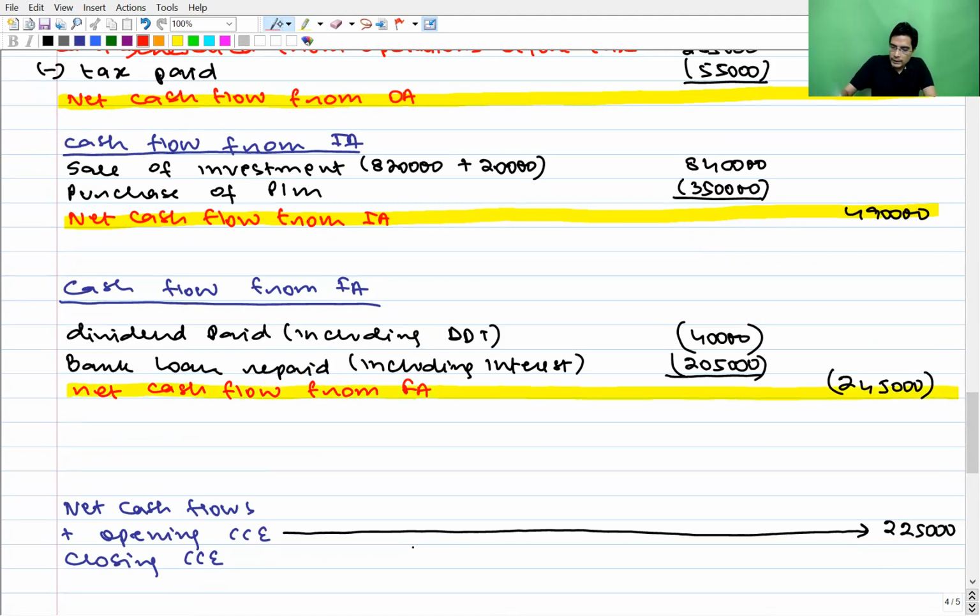2,45,000. And then, chartered accountants, if you do A plus B plus C, those yellow color highlighted paragraphs, if we add it, we'll get the net cash flow. Yellow color highlighted sentences. 4,75,000.